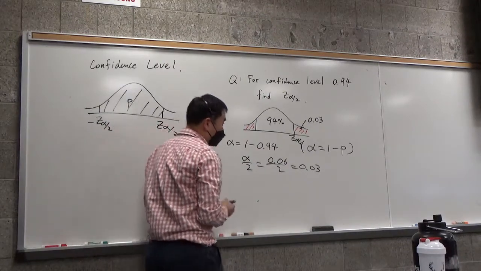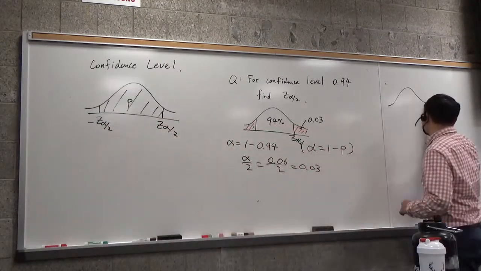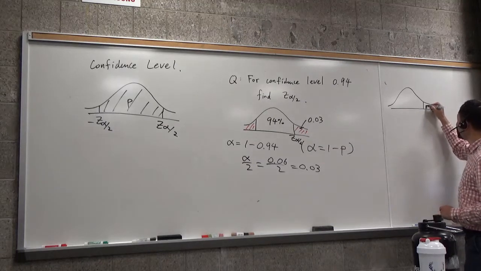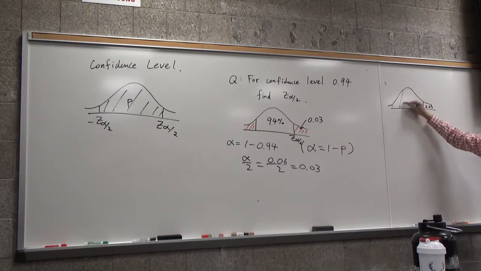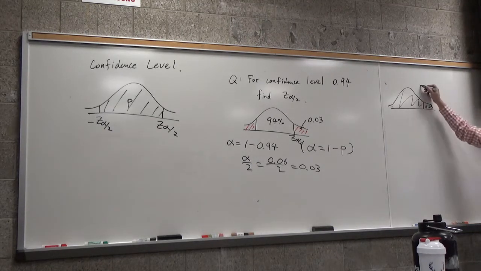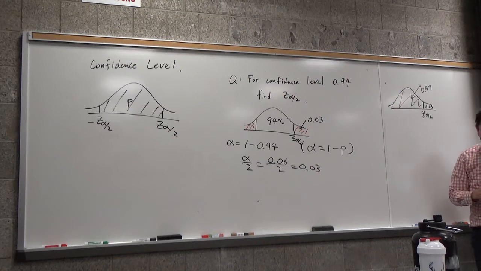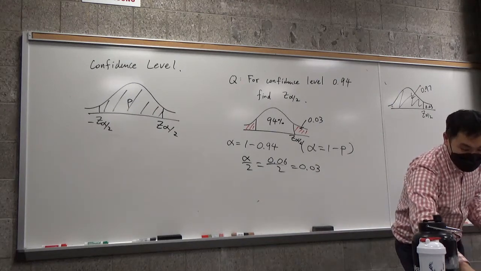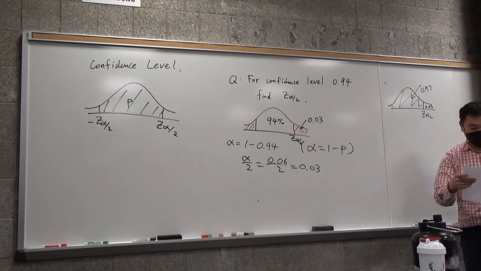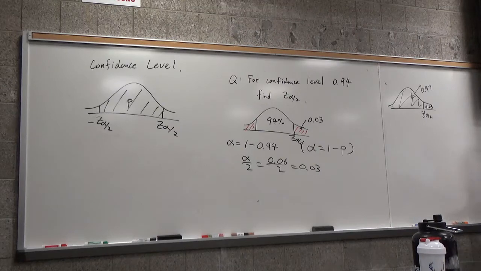So how would you get that? Well, now think about the following. If this is 0.03, what is this area right here? 0.97, right? So to get this z alpha over 2, what do you do? You look at the table. Let me borrow this. Is this fine? Okay. So you look for 0.97.